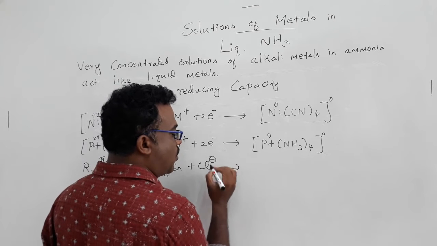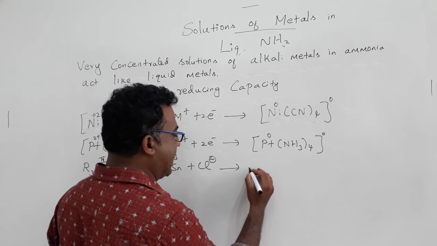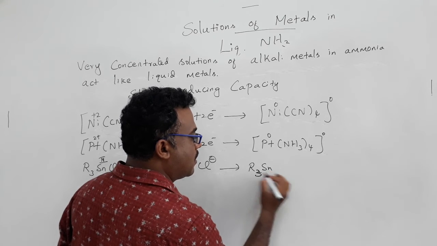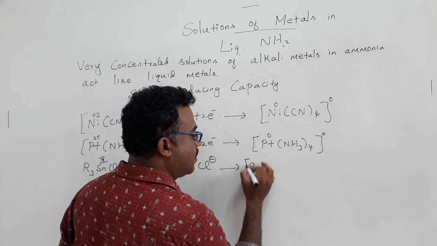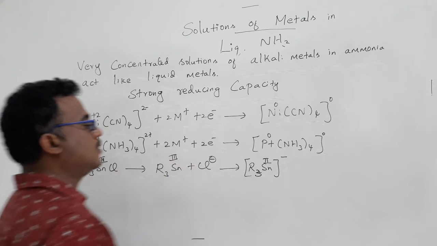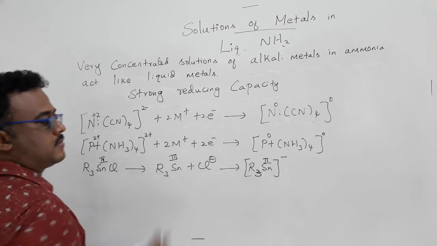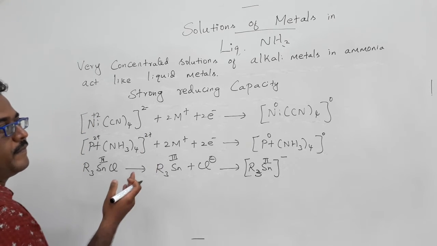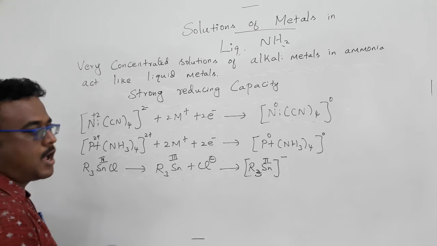Further reaction with metal ammoniate, we can get back tin with 2 oxidation state. So you can reduce plus 4 to plus 2 oxidation state of tin with metal in liquid ammonia.